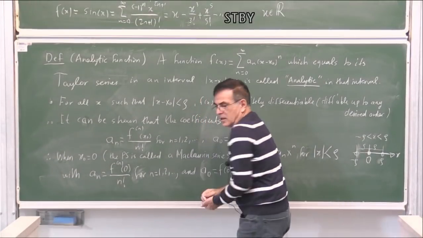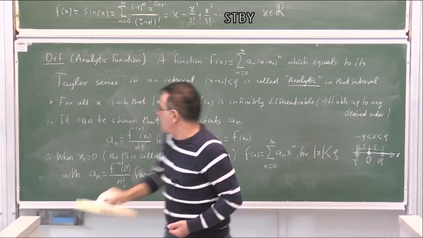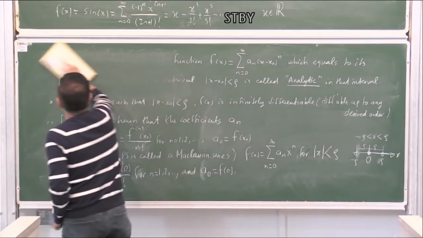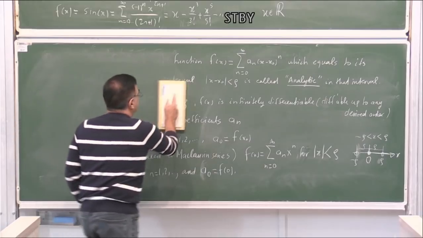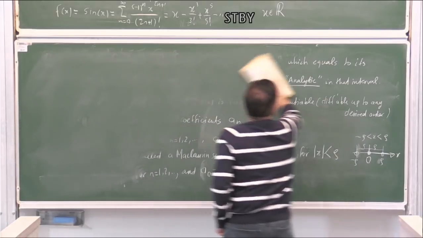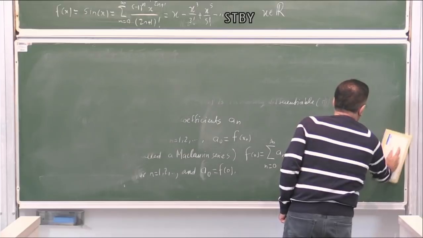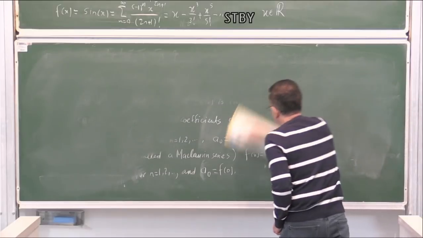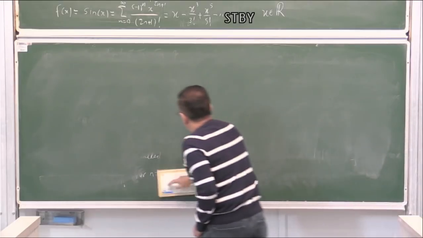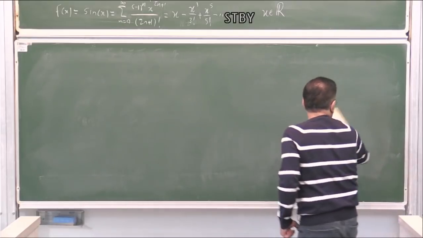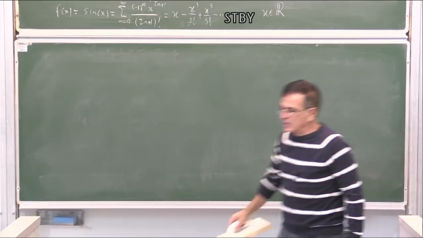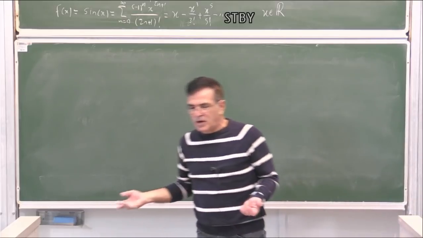Finally, we say that it is possible to operate with power series, or operation with power series is important, or some algebraic operations are possible. For example, you can take the sum of two convergent power series.